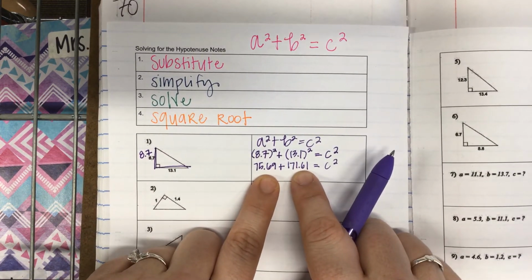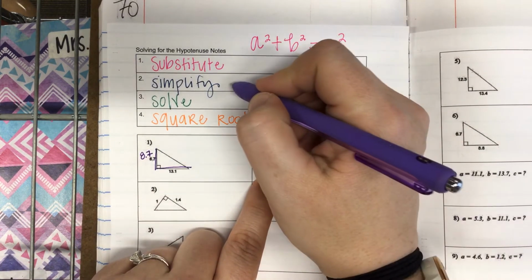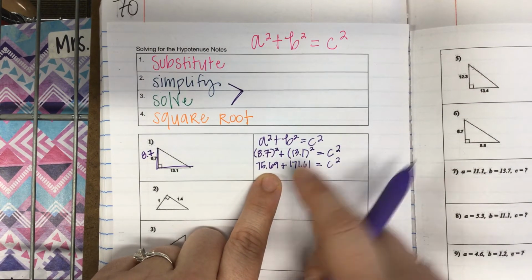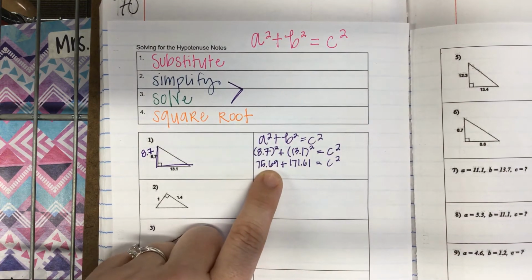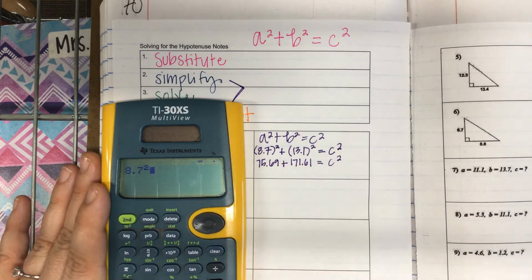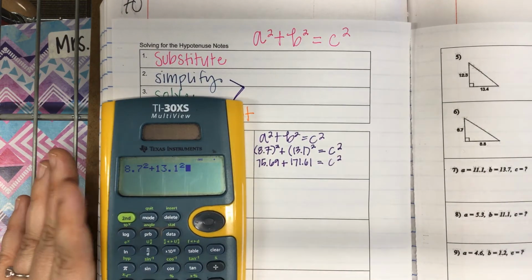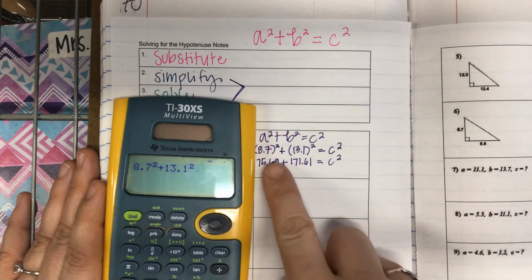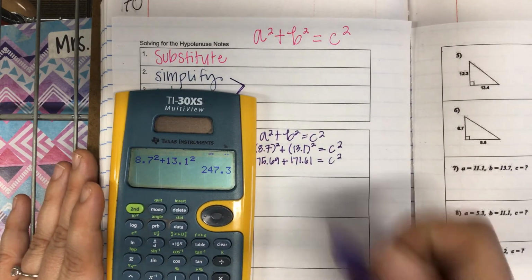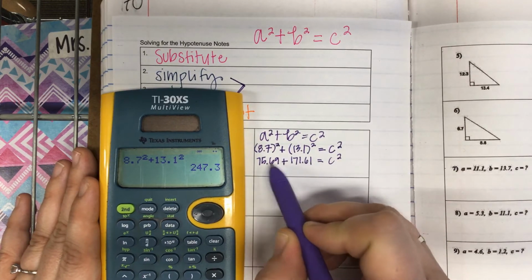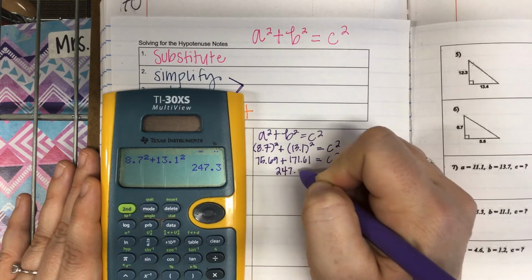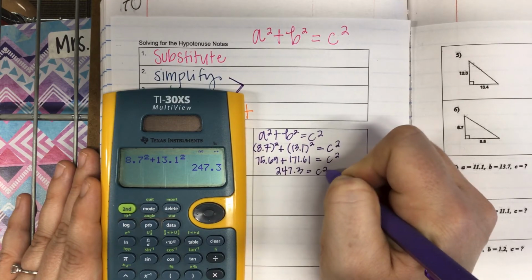But the great thing about using this for the hypotenuse is that simplify and solve can kind of go together. Because in my calculator, I can type in 8.7 squared plus 13.1 squared because they're on the same side of the equal sign, so I can do them together. Or you can do it step by step and then add these two together to get 247.3 equals c squared.